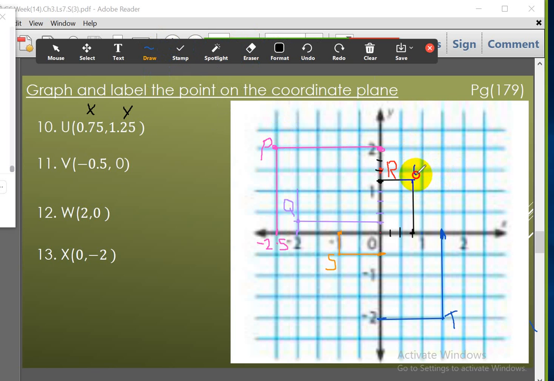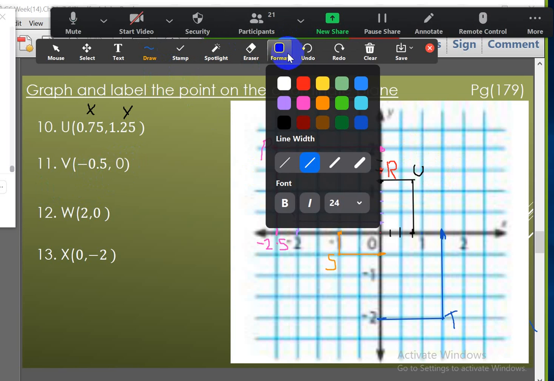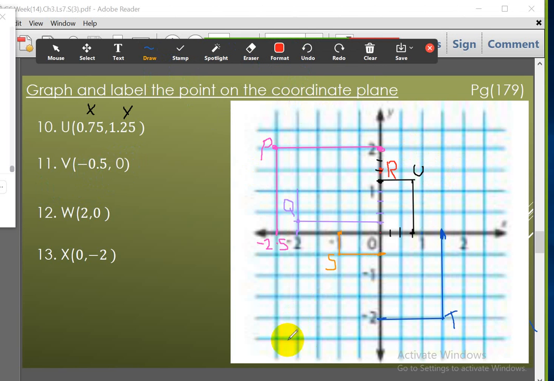Now v, what about v? Negative 0.5 and 0. I want you to focus here very well, because look, this is x and this is y. The y coordinate equals 0. There is no y coordinate.